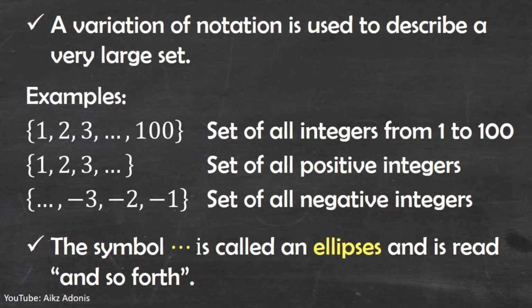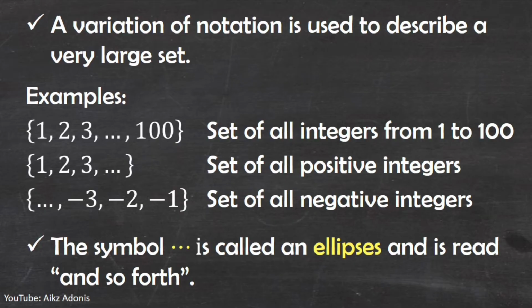A variation of notation is used to describe a very large set. For example, I have here 1, 2, 3, and so on up to 100. So it refers to a set of all integers from 1 to 100. As you can see, not all integers from 1 to 100 are written. Instead, we use an ellipsis to represent the numbers 4 to 99.